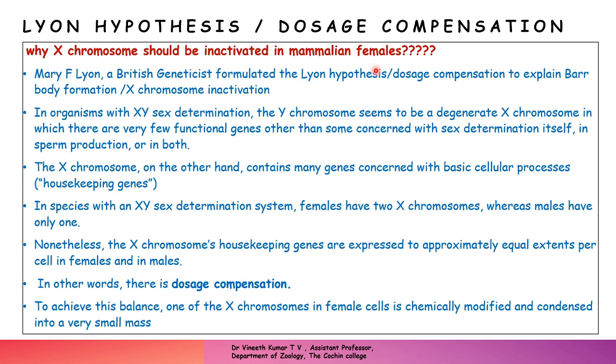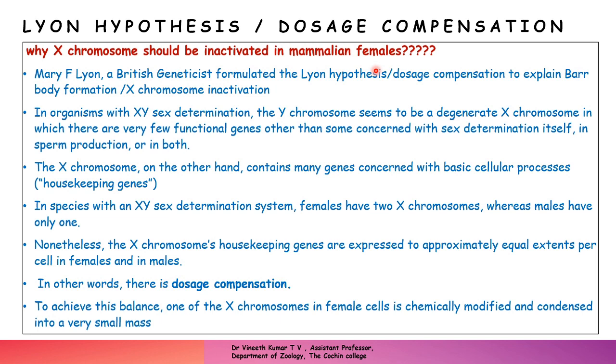That is why, when I described the condition called XXY, we said that whenever there is an extra X chromosome, one will condense and form a bar body. The same thing will happen in that XXY male: one will form a bar body.